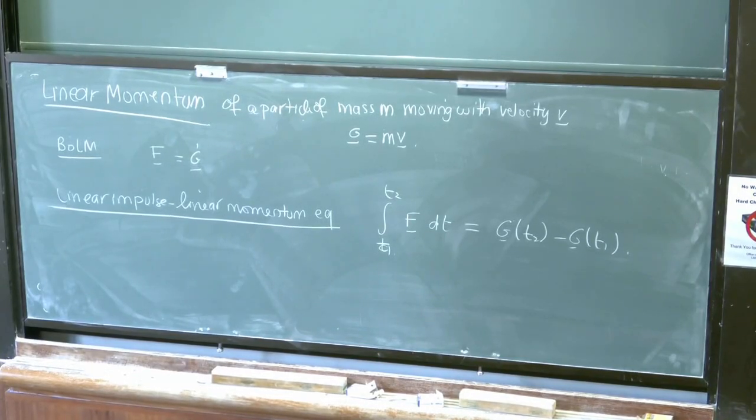Now, if you look at the linear impulse linear momentum equation versus the balance of linear momentum, which one is more general, meaning that it applies to more situations?